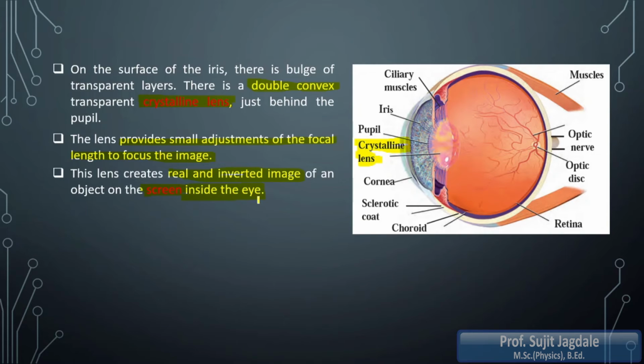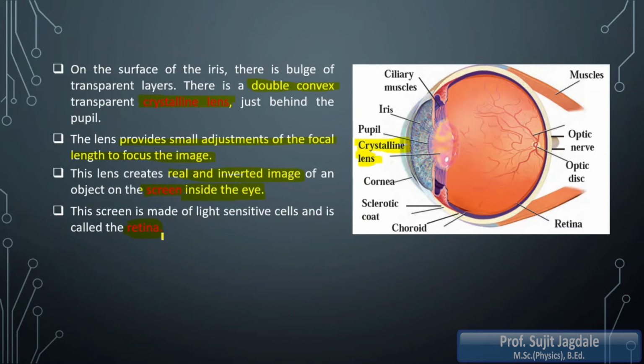So that's why the crystalline lens of the human eye also creates the real and inverted image of an object on the screen which is present inside the human eye. This screen is made up of light sensitive cells and it is referred to as the retina.